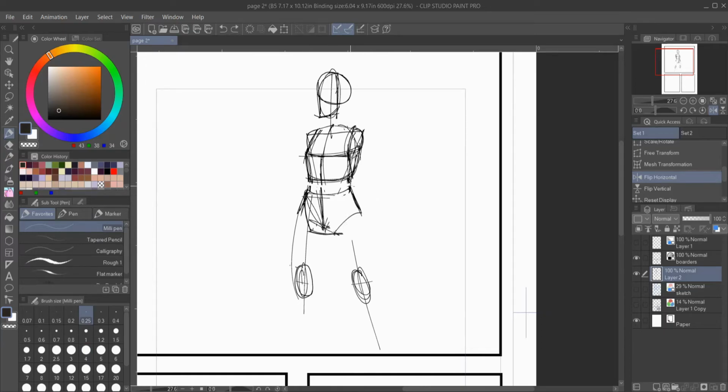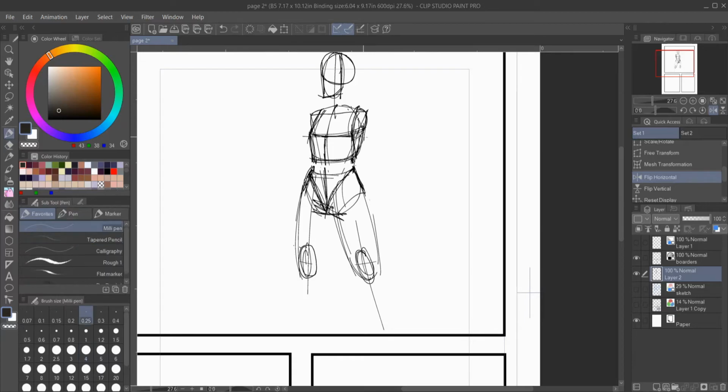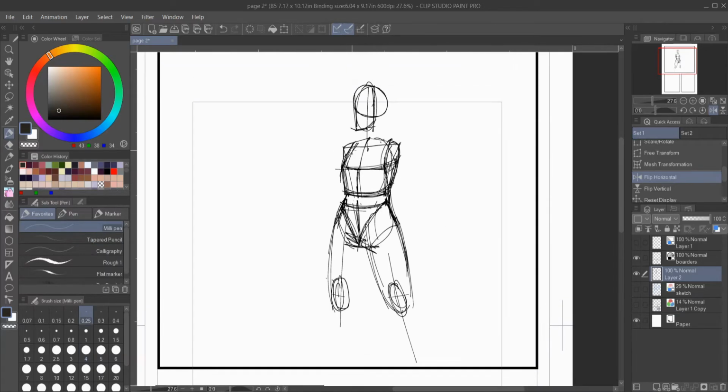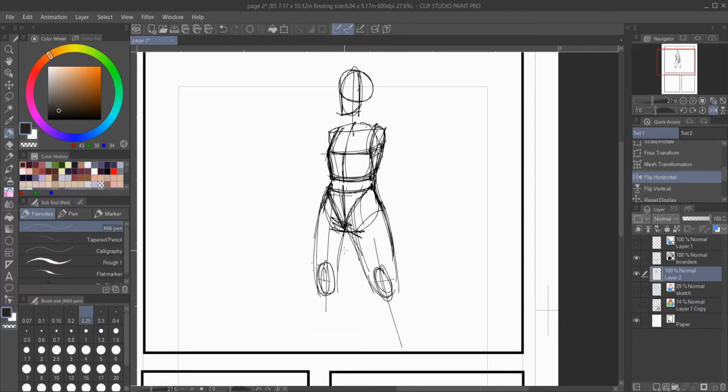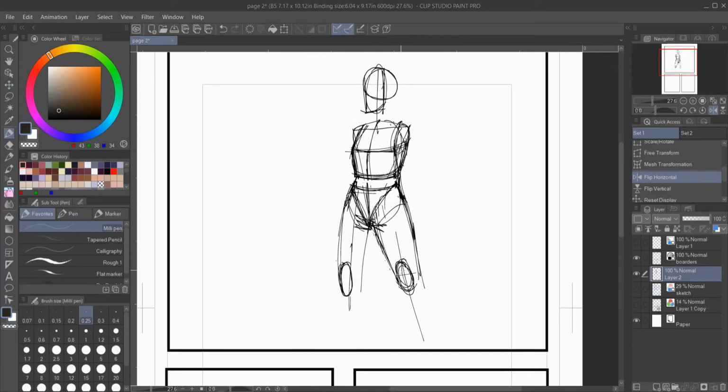And the pacing in comics, it's easier and it's harder than pacing for novels.